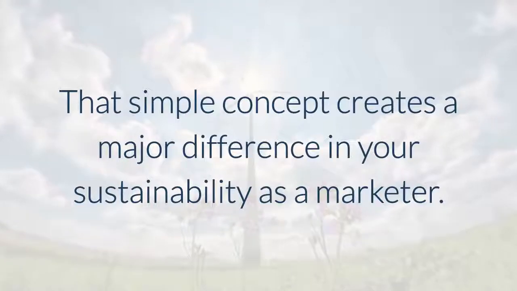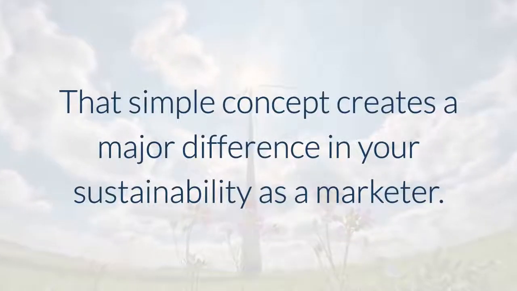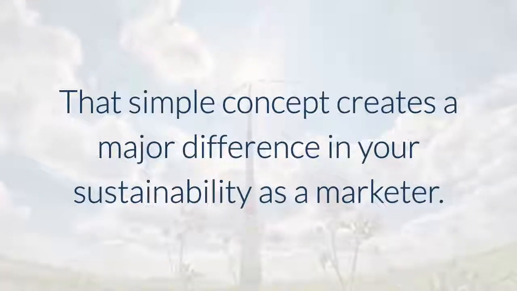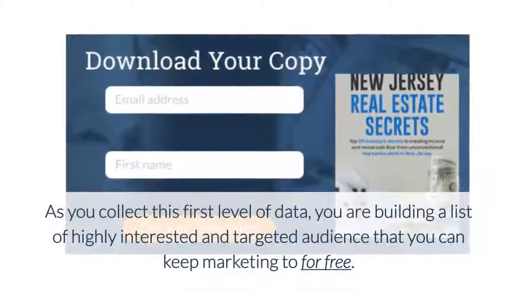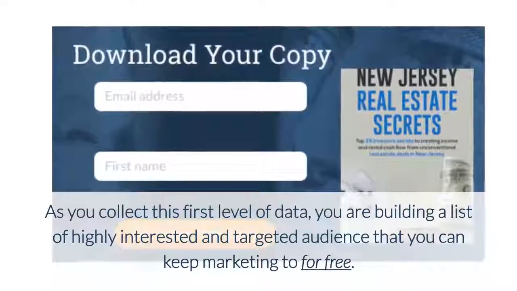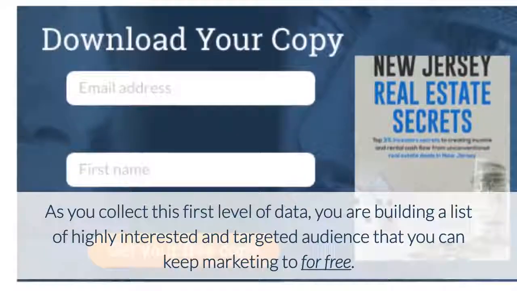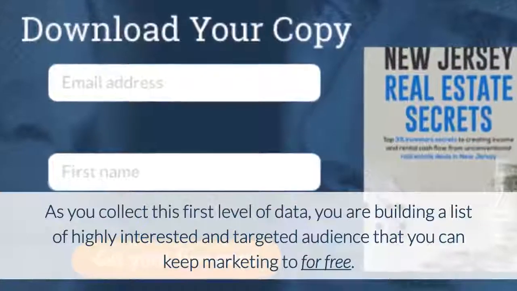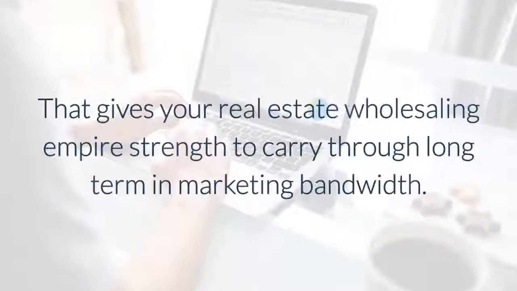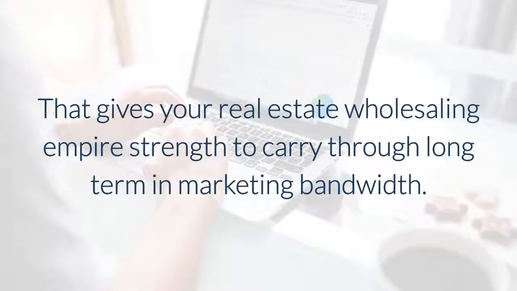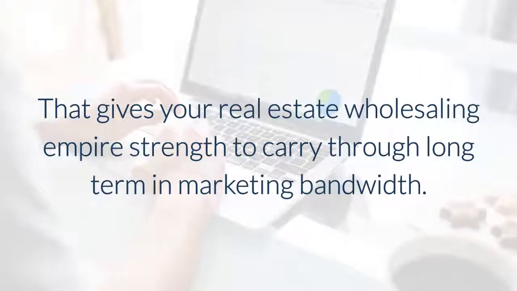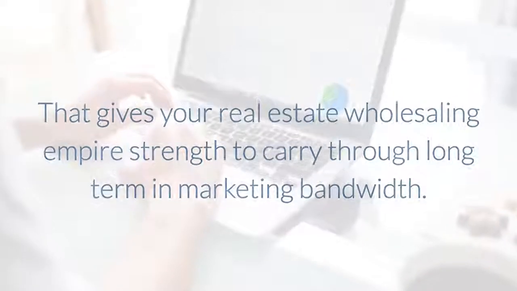That simple concept creates a major difference in your sustainability as a marketer. As you collect this first level of data, you're building a list of a highly interested and targeted audience that you can keep marketing to for free. That gives your real estate wholesaling empire strength to carry through long term in marketing bandwidth.